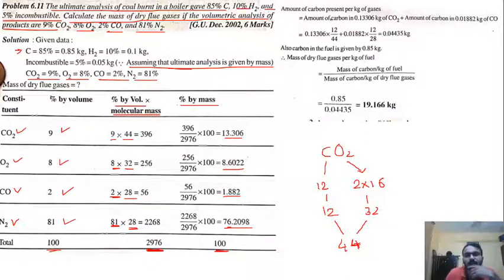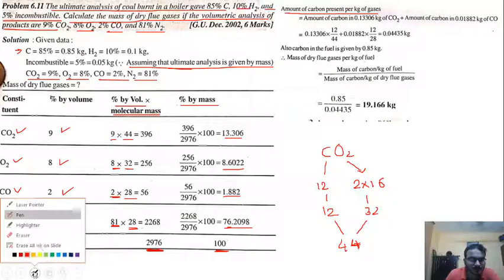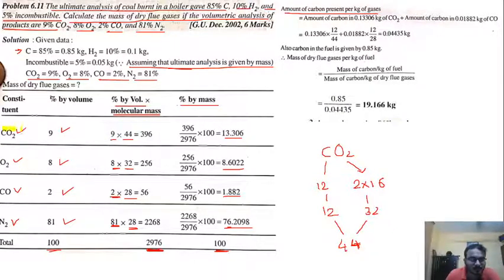Now we require to calculate the amount of carbon present per kg of gases. Here we have only two constituents which contain carbon. The first is carbon dioxide and the second is carbon monoxide. So we have CO2 present here and CO present over here.